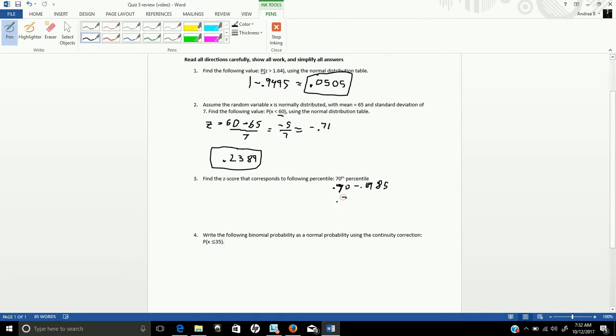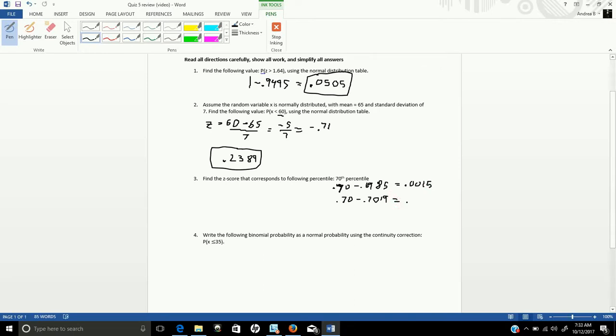So we can subtract each of these that are closest from 0.70. If you're not sure which one's closest, you can subtract it here to see which one's closest. The other one looks like it was 0.7019. So here we'd get 0.0015 away from the 0.7.